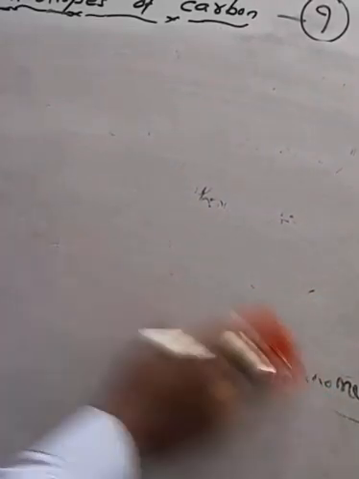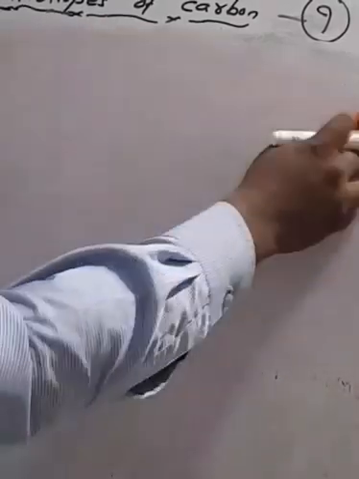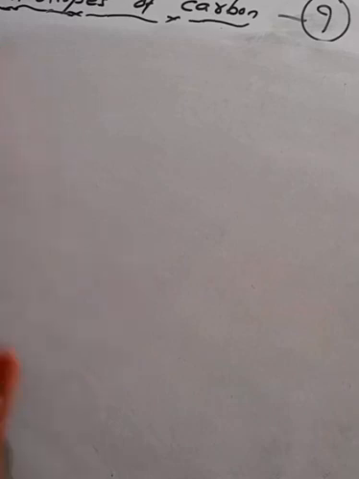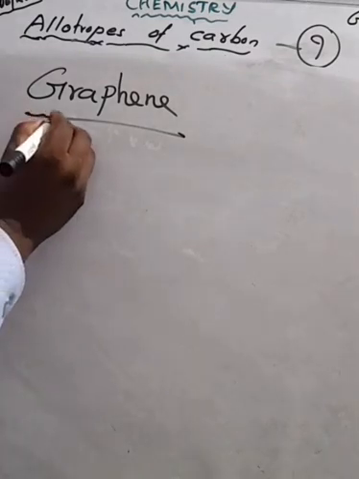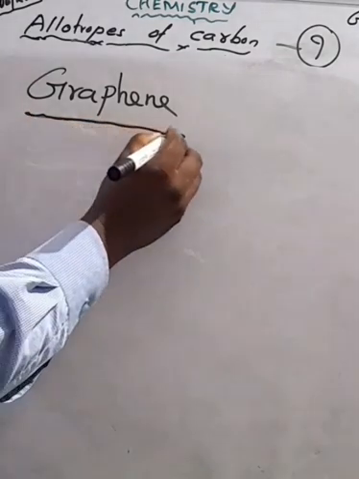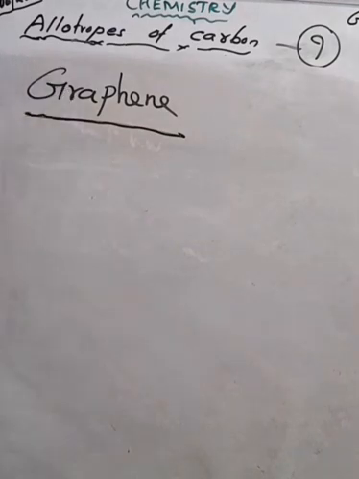Try to draw a simple structure, with small hexagonal layers like that. Another form of carbon is graphene.